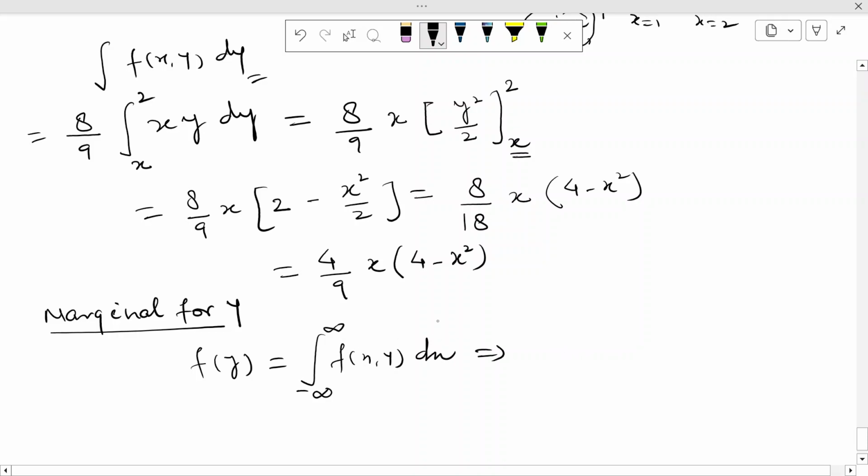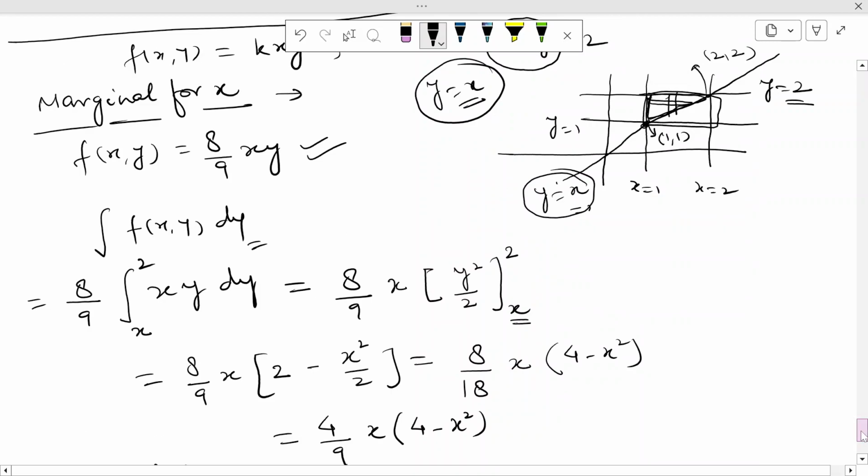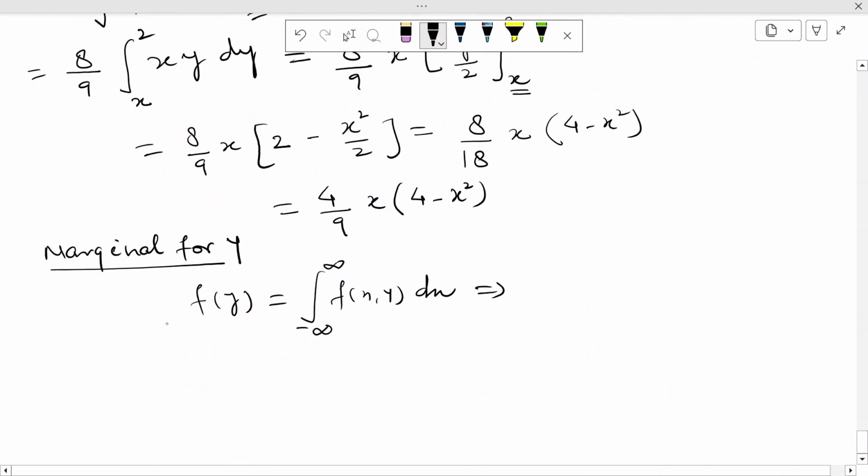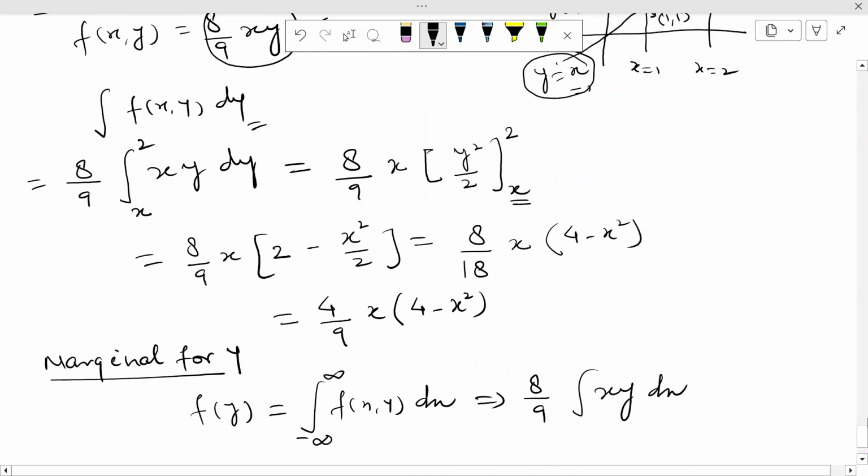Now once you are putting the value or expression of fxy, this is k times xy, and when you are putting the value of k here, this is coming out 8/9 xy. So we will integrate this fxy, which is 8 by 9 xy, and we are performing this integral with respect to x.